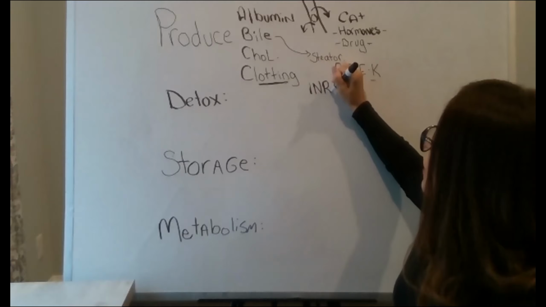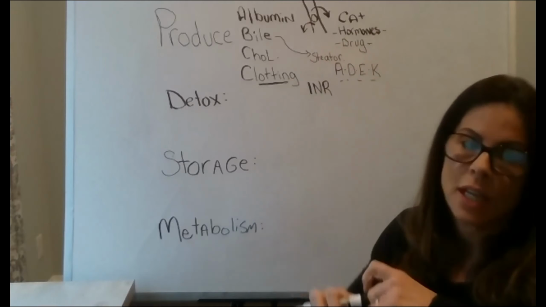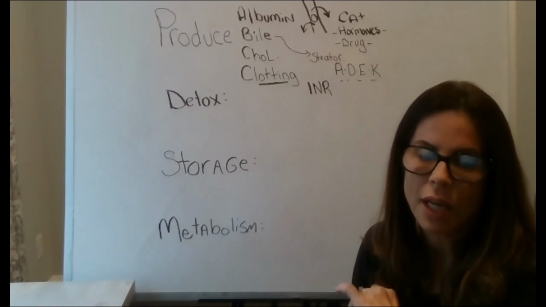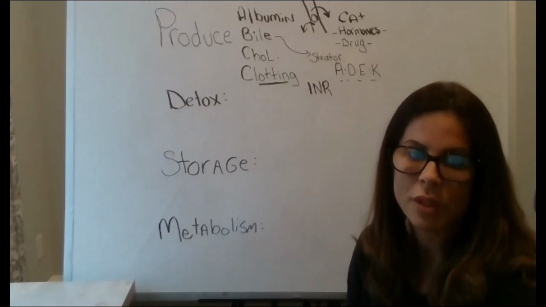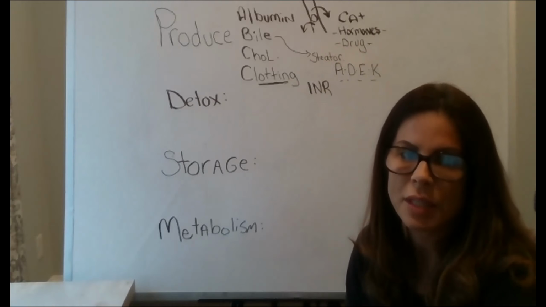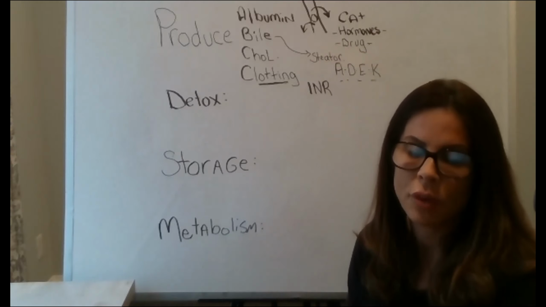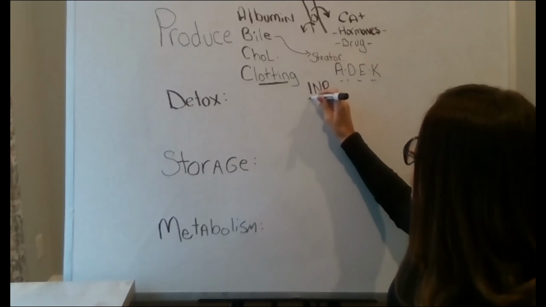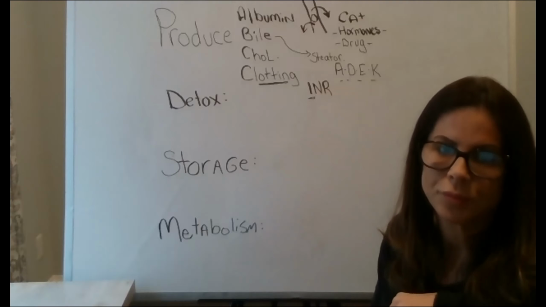As you know, to make a clot, it takes lots and lots of different pieces in that coagulation cascade. If we are missing parts of our clotting factors because the liver is not able to produce our vitamin K dependent clotting factors, we will have problems with bleeding. So we measure how efficiently they're able to form a clot with their INR. You'll measure their PT-INR, but we use the INR to track their liver disease.